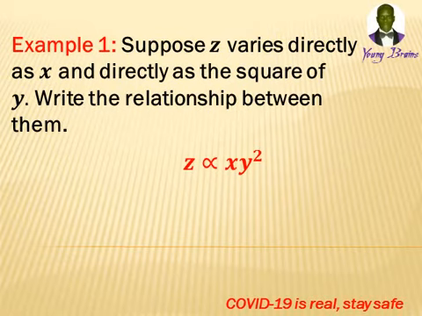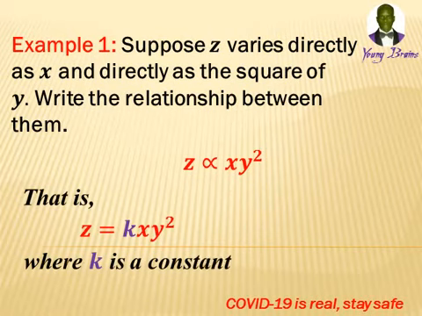So it can be written as z is directly proportional to x and to the square of y. While we introduced constant k, it becomes z equals kxy squared, where k is the constant of proportionality.